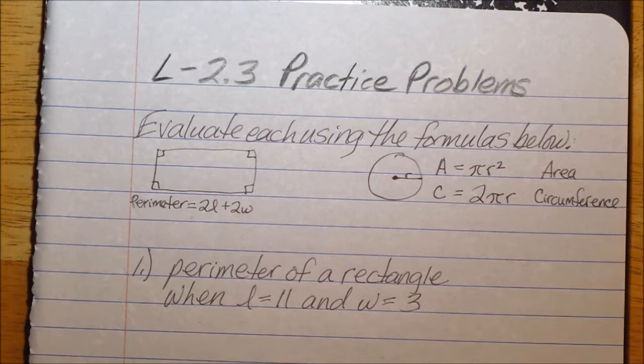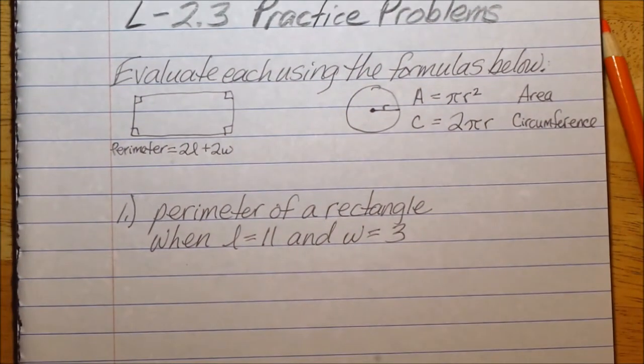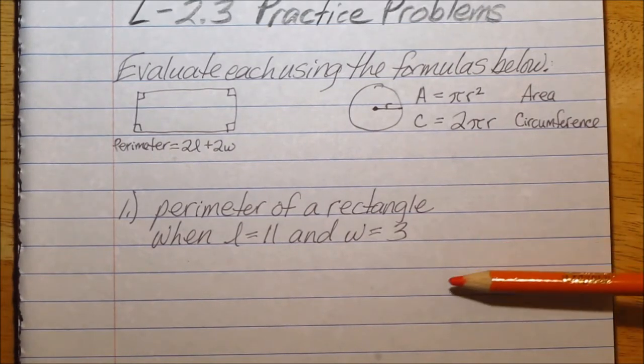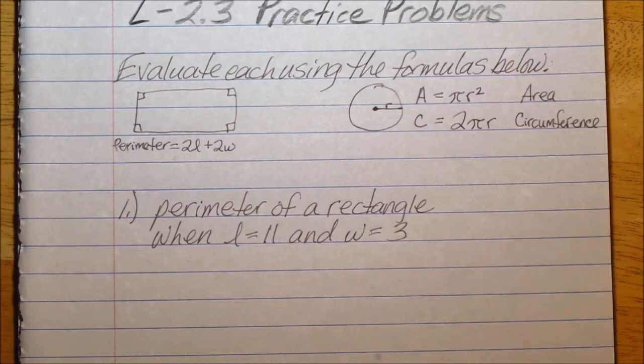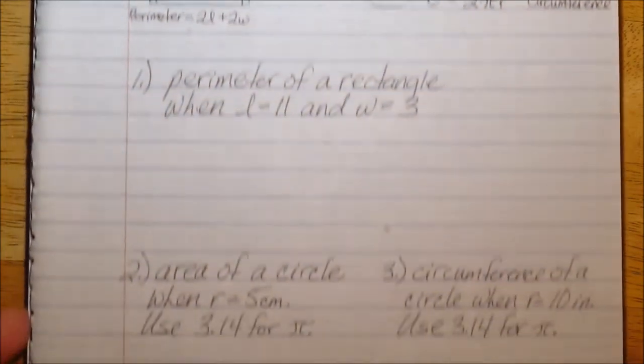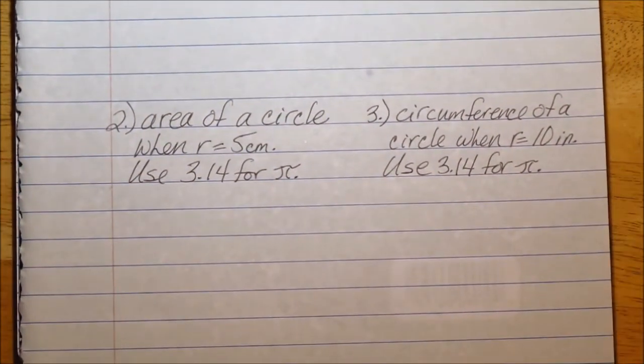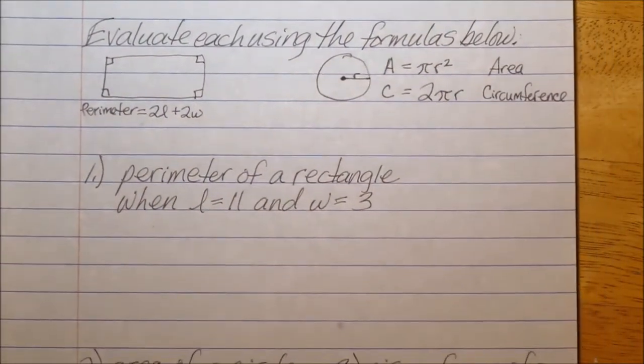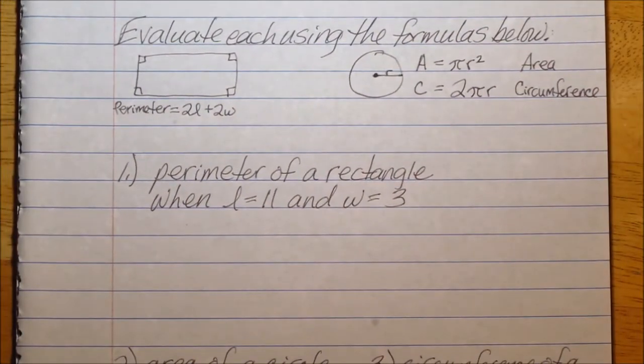Problem number 1 is find the perimeter of a rectangle when length equals 11 and width equals 3. The other 2 are our circle ones, finding the area of a circle and the circumference of a circle. So I'll go back up and give you a chance to pause. Okay, pause there.